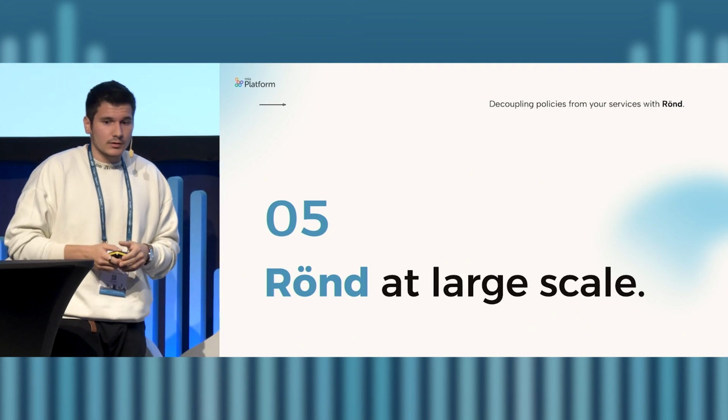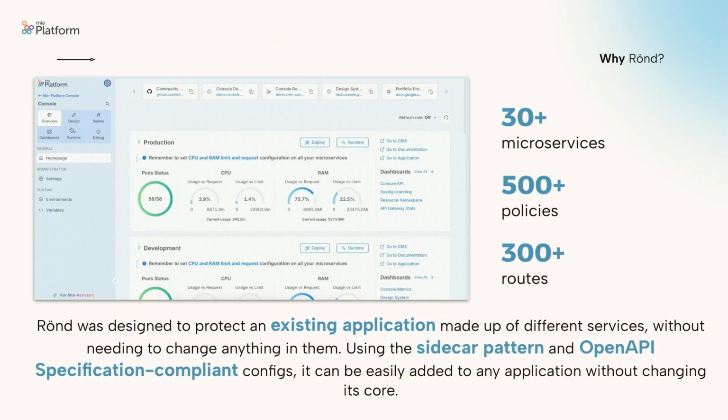Now, Rönd is born to address specific challenges, and the main challenge is to simplify the authorization effort when our products grow. Nowadays, in our products, MIA Platform Console runs on more than 30 microservices and the double of in terms of pods, and it enforces more than 500 policies over more than 300 routes.